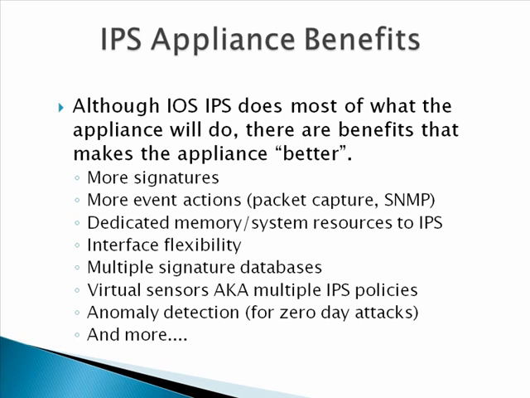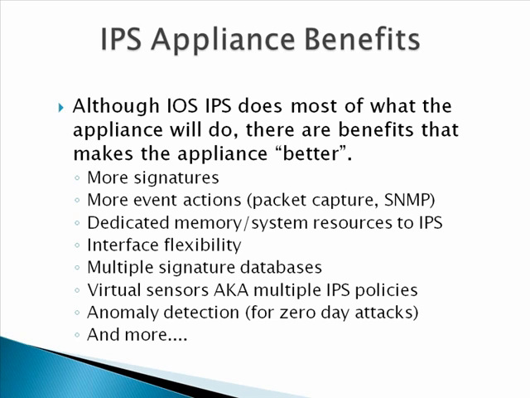Again, they're a purpose-built box. They're not also doing routing, also doing call manager, also doing firewalling, etc. They're just an IPS, and the hardware and software on that box is dedicated just to doing that. So in general, they can handle more events, more traffic per second through the IPS than IOS IPS can.